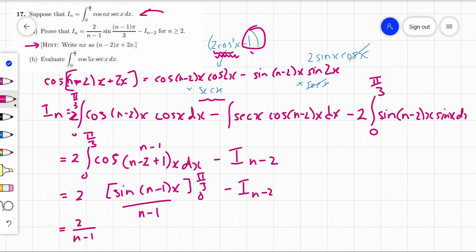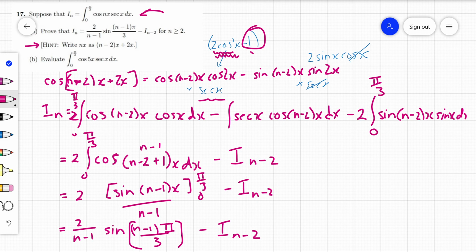I'll put that n minus 1 out the front. When I put 0 in, sine 0 is 0, so I just have to put the pi on 3 in here. So I'm going to get sine n minus 1 of pi on 3, minus I n minus 2.